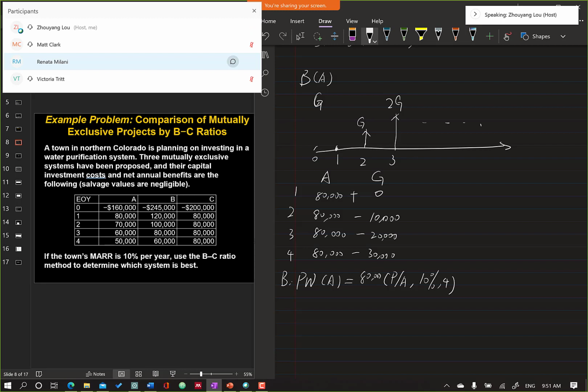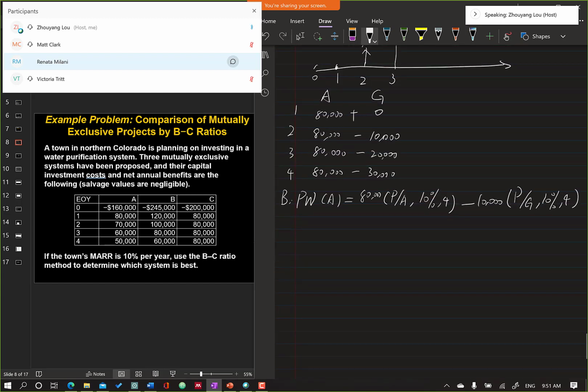Then we have the uniform gradient part. Since the incremental value g is 10,000, given that uniform gradient we want to find the present worth, given 10% interest rate and 4 years. That's for the benefit part, the present worth of A.